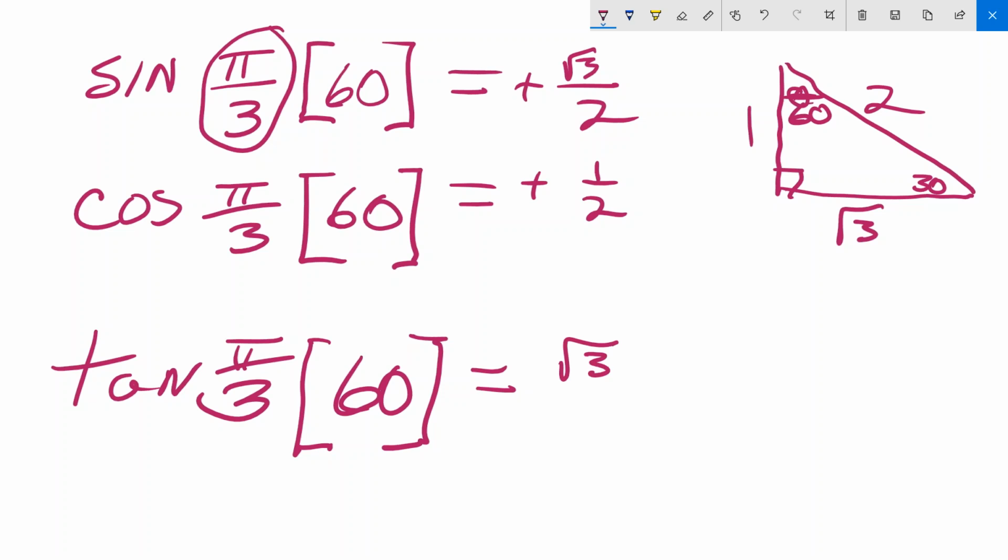Good. What's its plus or minus sign? All trig functions are plus in the first quadrant.